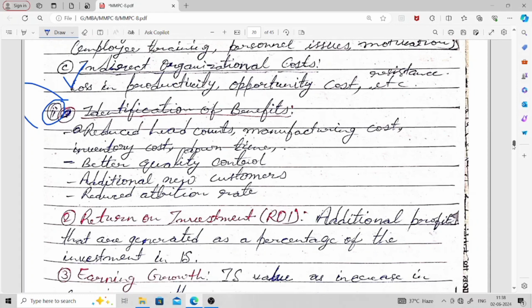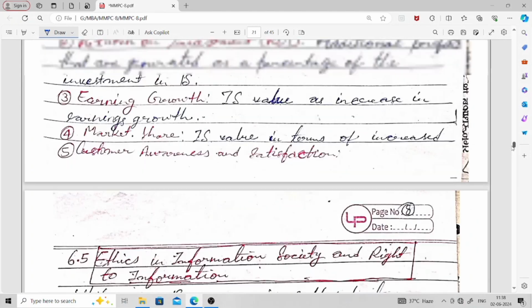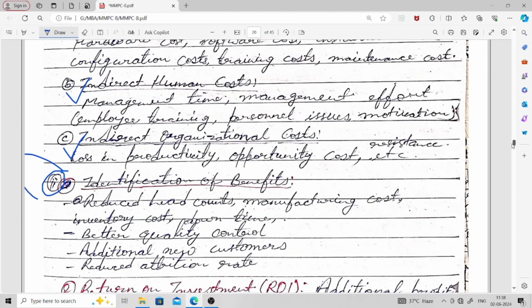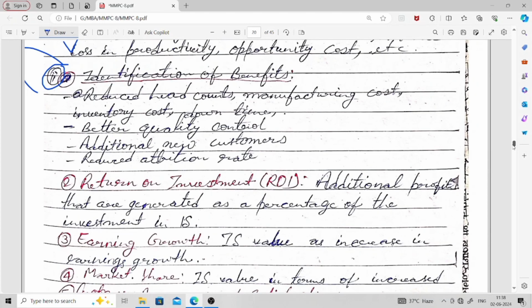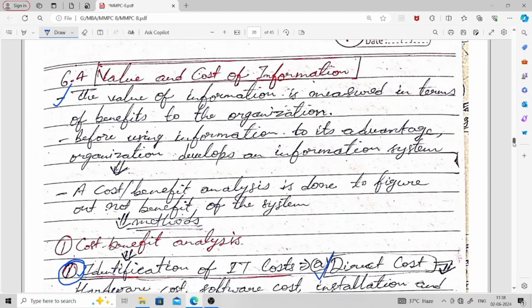So benefits also we talked about, then return on investment. Here we talked about the cost benefit analysis to know about the value of the information system.